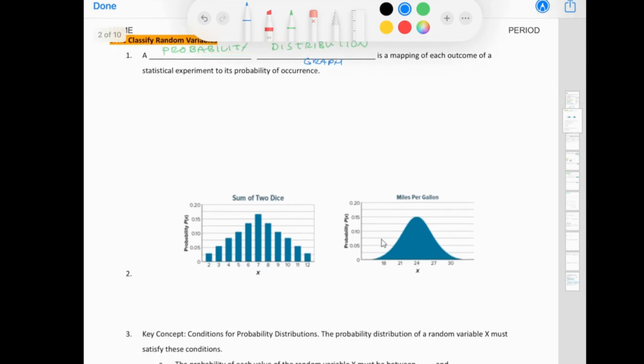Okay, so I have two graphs down here, and I want to define a couple of things. This one on the left side is called a discrete random variable.